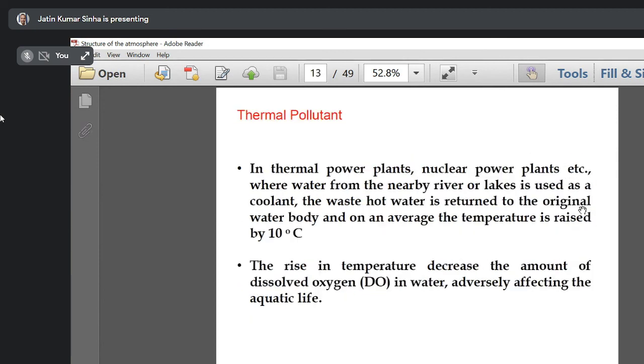Okay, so this is about the water pollutants, the organic pollutants as well as the inorganic pollutants. The next would be the remedies or the treatment that we do for water treatment.